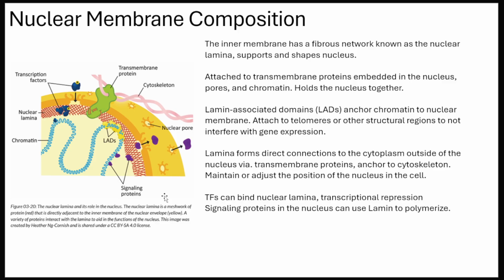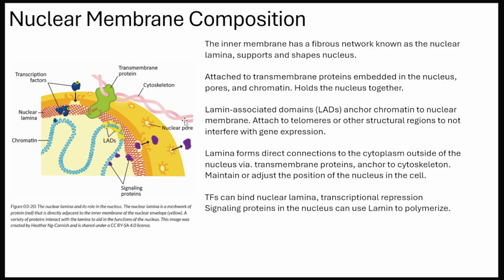As you can see, it's this meshwork of proteins that helps support and shape the nucleus. And you can have transmembrane proteins embed themselves into the lamina and go through the double membrane system and connect onto the cytoskeleton. This allows the nucleus to position itself centrally in the cell.